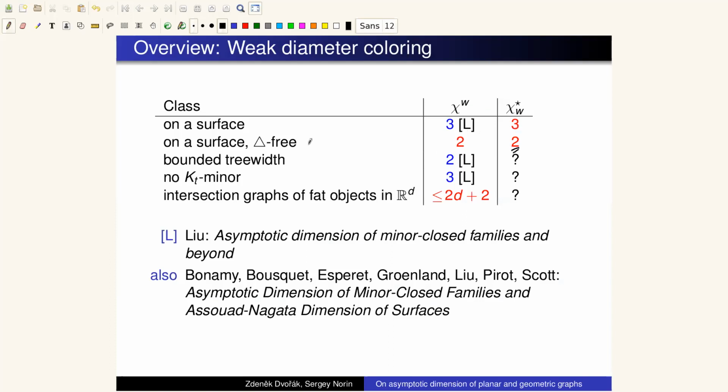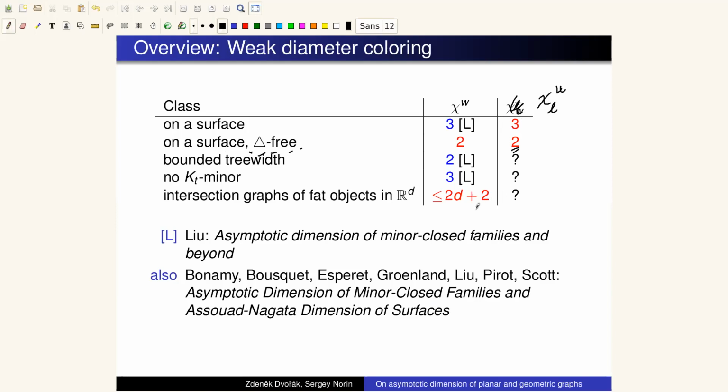And without this assumption that it's triangle free, it has this should be list version. So this is wrong. This should be this. And the same is true for the list version when considered for any fixed surface.